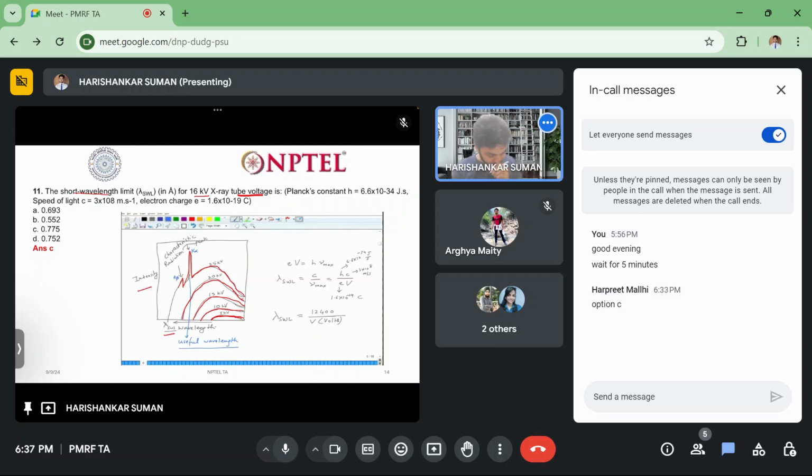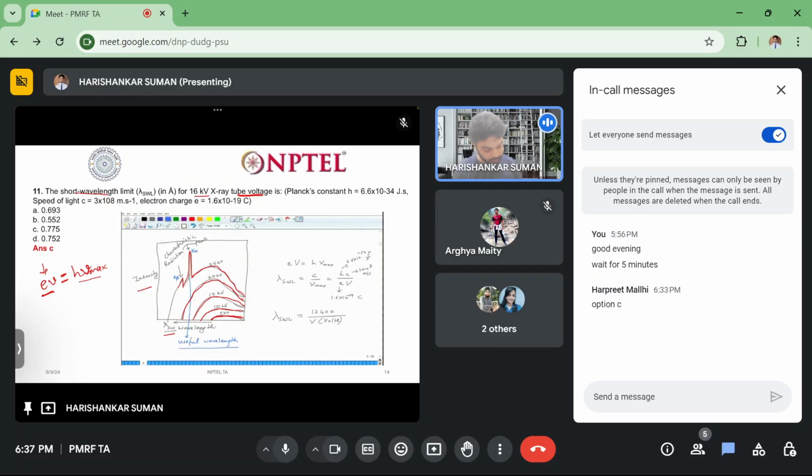So this corresponds to the incident energy being equal to the tube voltage. This is the tube voltage in electron volts, and we know the energy is conserved, so energy will be emitted in the form of photons or X-rays, h nu.